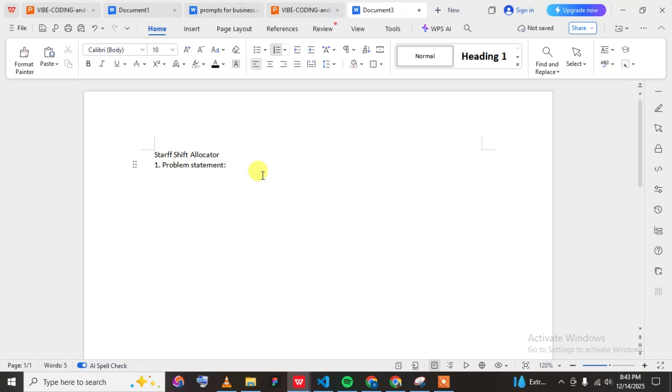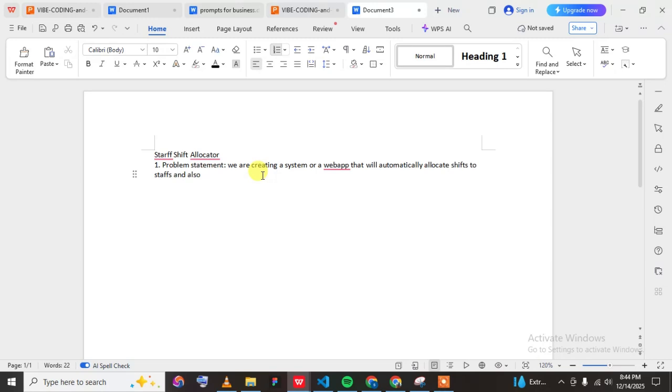So what are we solving now? The problem statement here is we are creating a system or a web app that will automatically allocate shifts to staff.